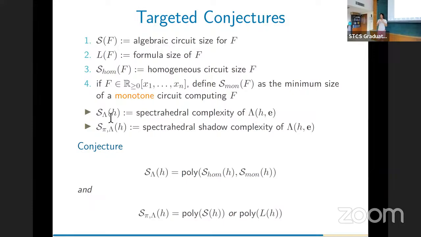So I'm conjecturing that the spectrahedral complexity will be polynomially related to that. The homogeneous complexity will always be, okay, if you are willing to tolerate... maybe that's the point, that you are not willing to tolerate poly D factors.